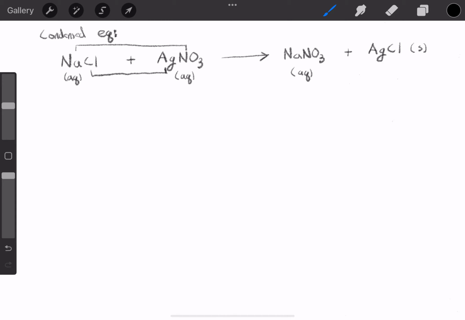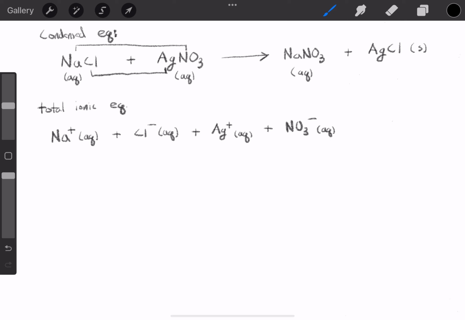Okay, now let's write the total ionic equation. So, if it's aqueous, it's going to be soluble. So we're going to put sodium plus, chloride minus, plus silver plus, nitrate minus.